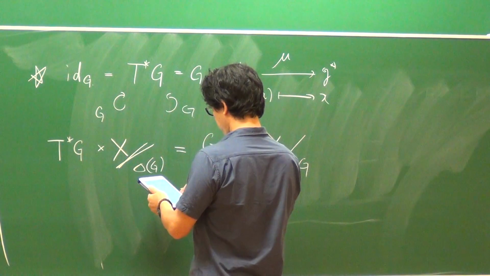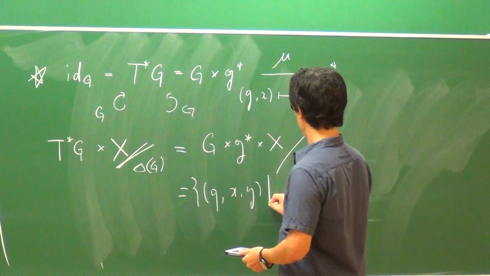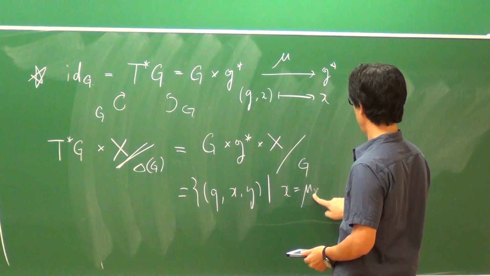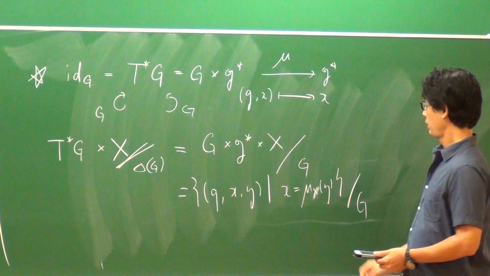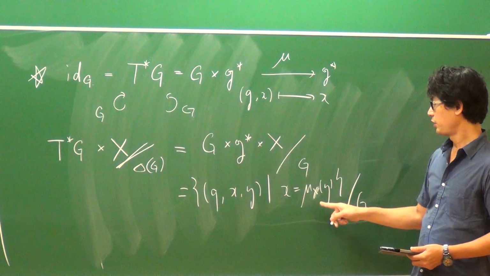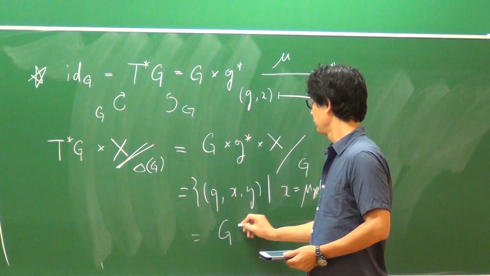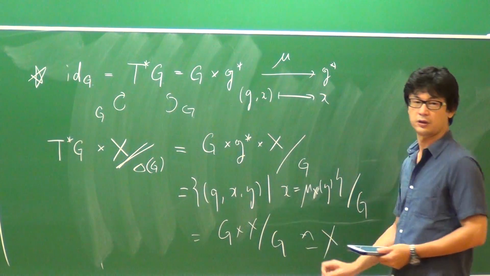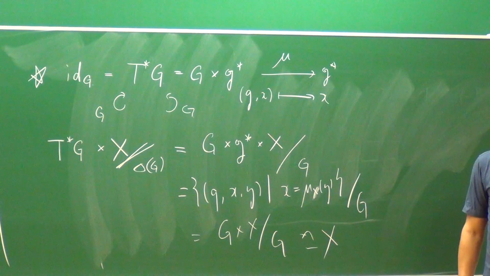So X is completely determined by Y, so this is just G times X over G, so this is isomorphic to X. So this shows that the cotangent bundle of G is the identity.